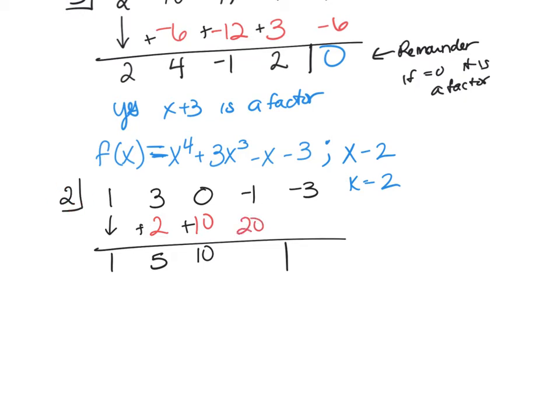Negative 1 plus 20 is 19. 19 times 2 is 38. And 38 plus negative 3 is 35. So because this is not 0, x minus 2 is not a factor.